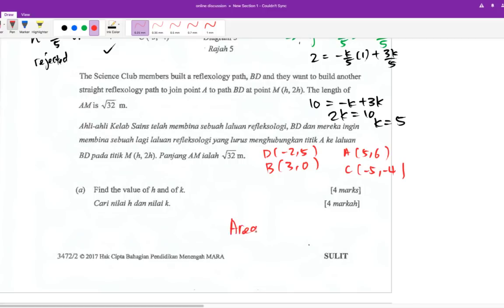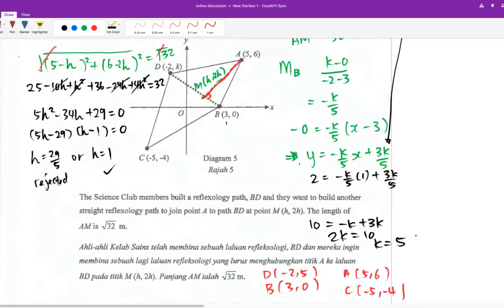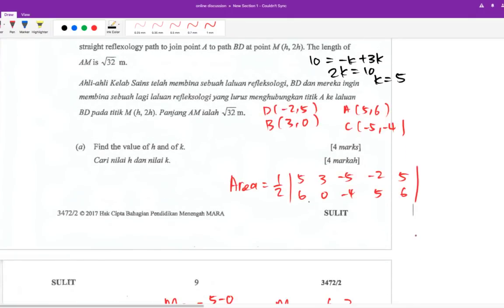So the area basically is half. I will follow the order: 5, 6, 3, 0, -5, -4, -2, 5. Repeat the first one, 5, 6. Right, this is how we find the area. You must follow the order A, B, C, D, which is half. And then you multiply like this.